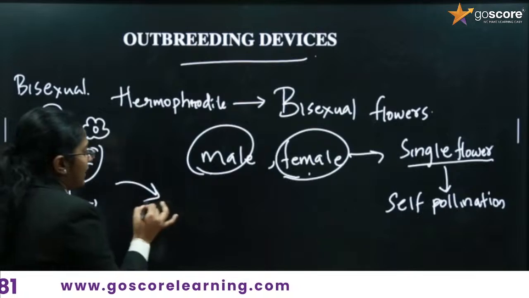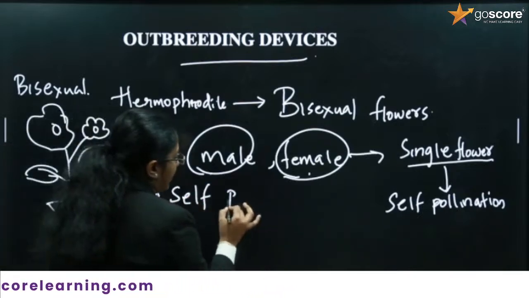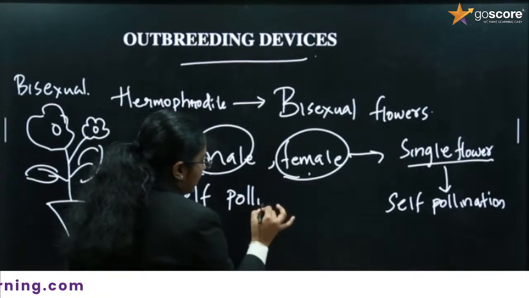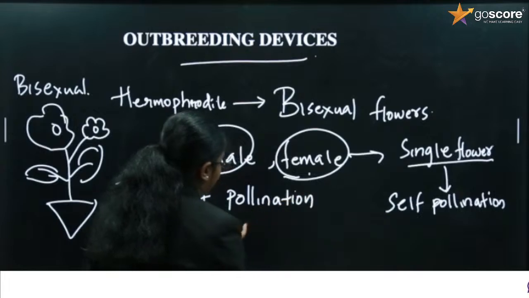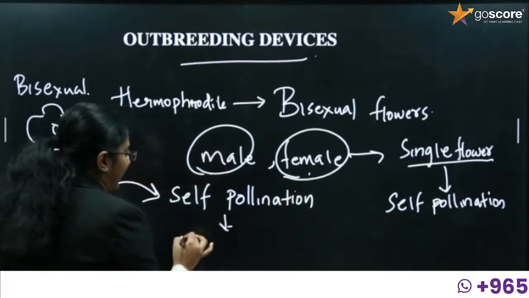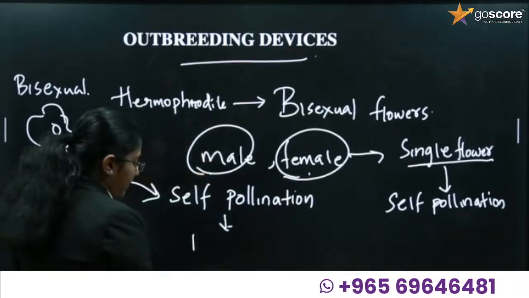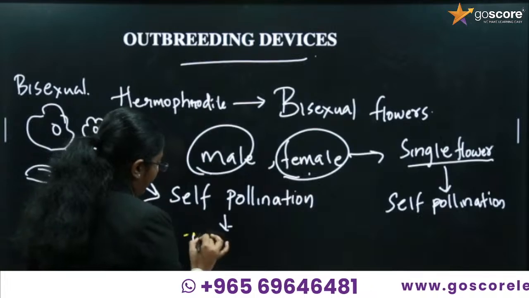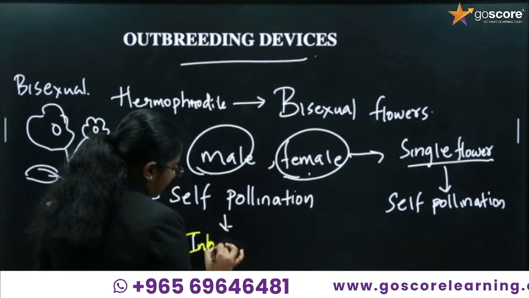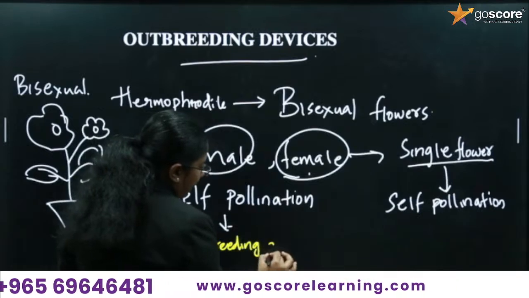And dear students, continuous self-pollination leads to a condition called inbreeding depression.